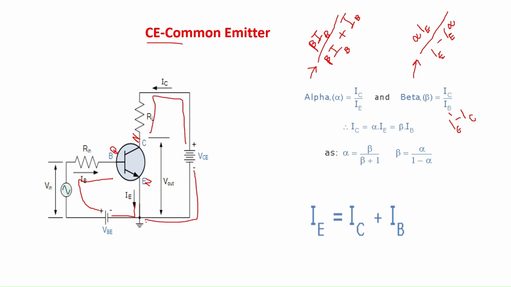Since this is a common emitter configuration, the emitter terminal is common to both the input as well as the output. The input is applied between base and emitter, and the output is obtained between collector and emitter.